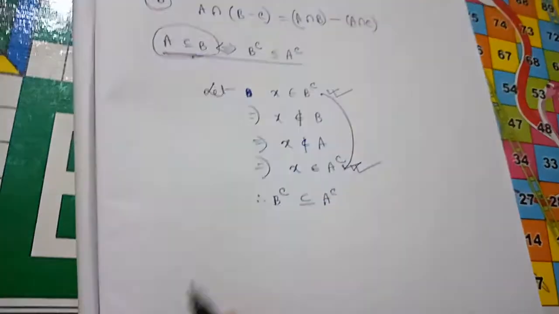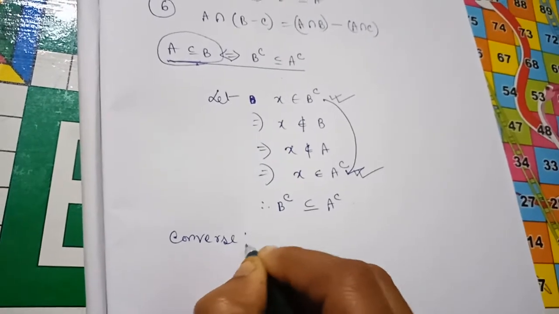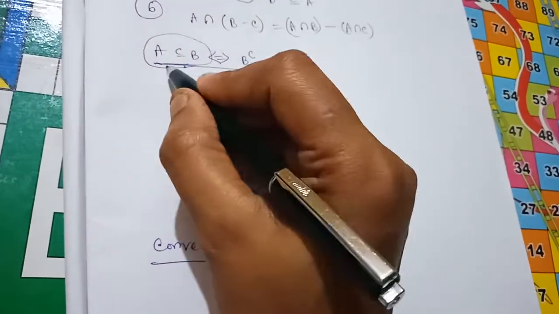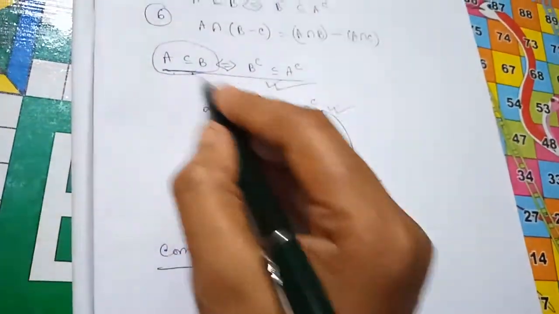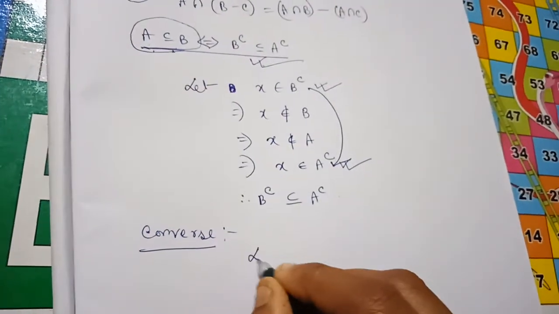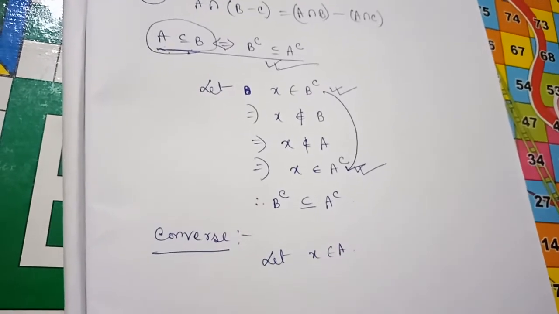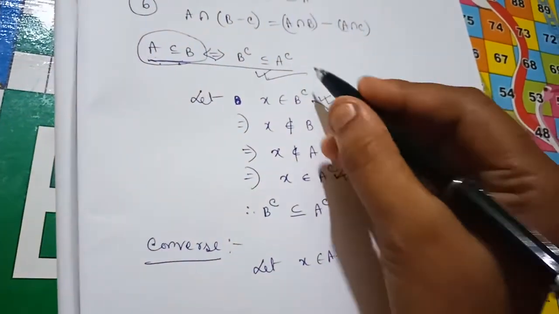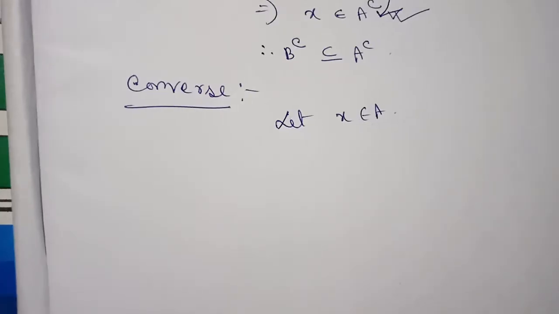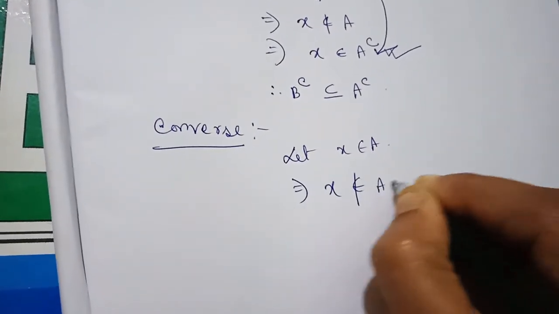Now we will be doing the converse. So the converse part is, we have this condition, we need to prove it. In the same way we will be taking x belongs to A. Let x belong to A. Now it means x doesn't belong to A complement.